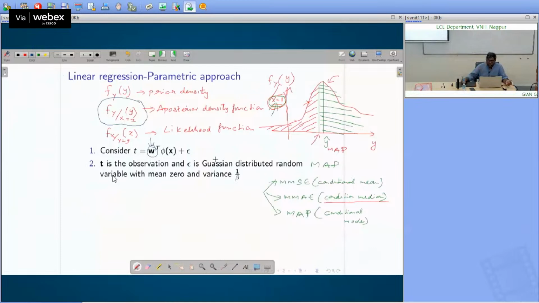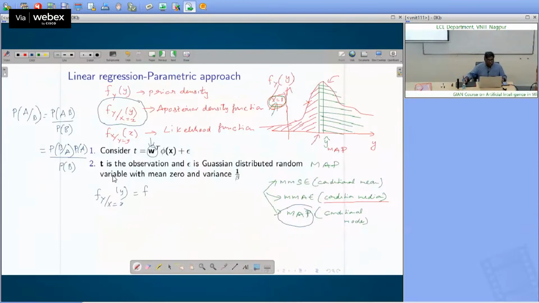And then we apply this MAP. So how are they related? First of all, f of y given x equal to x of y. If I compare with probability, this is like probability of A given B, which is probability of B given A into probability of A, divided by probability of B. In a similar fashion, we can write it in density function form.